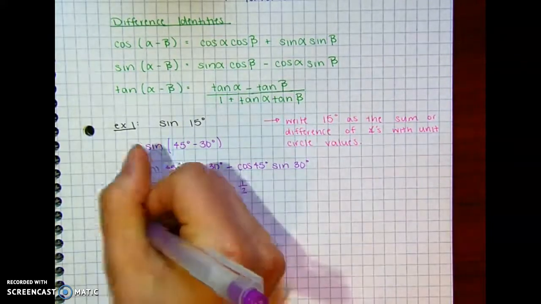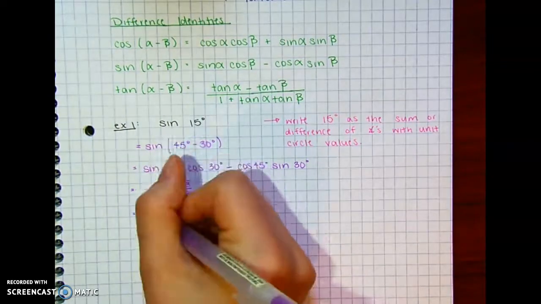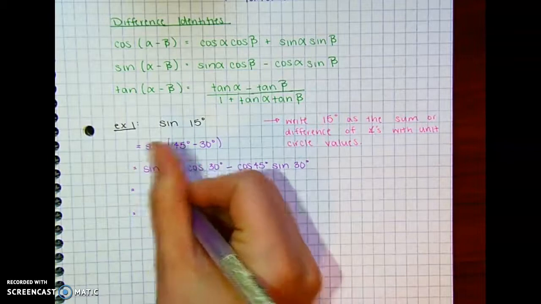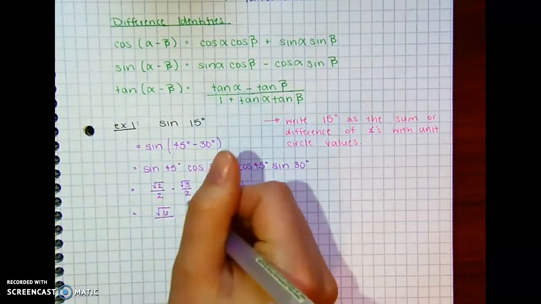So now we're just going to simplify. When we multiply radicals, remember you just do 2 times 3, and we multiply the denominators.